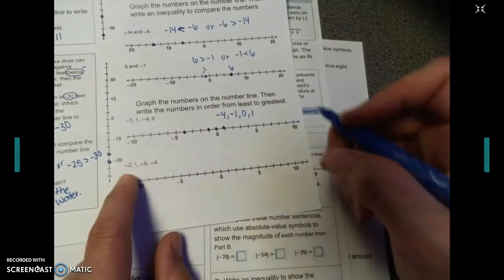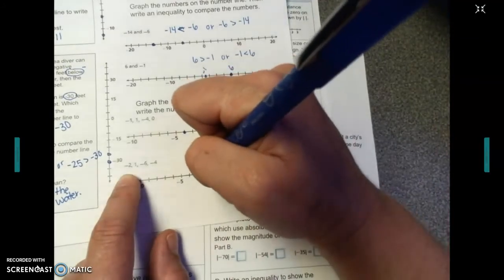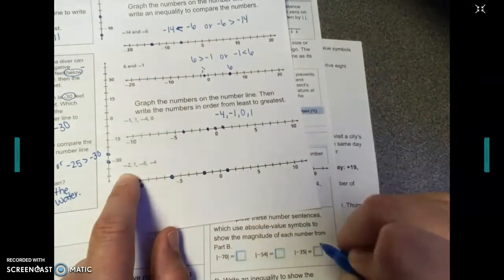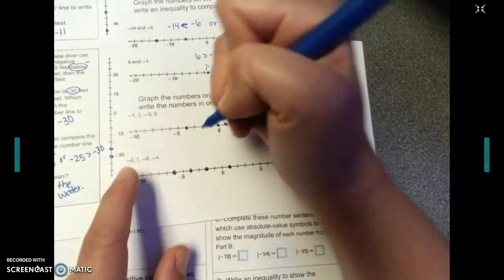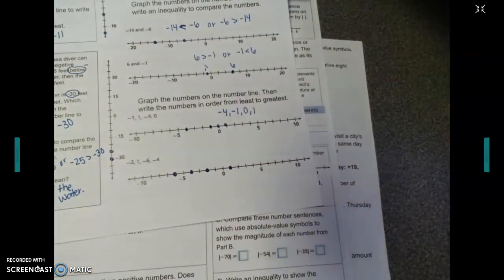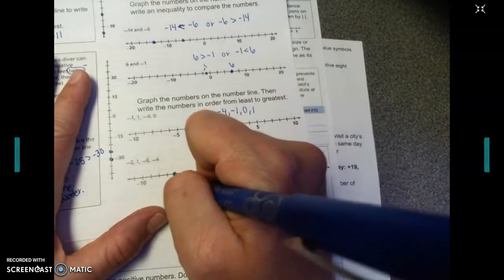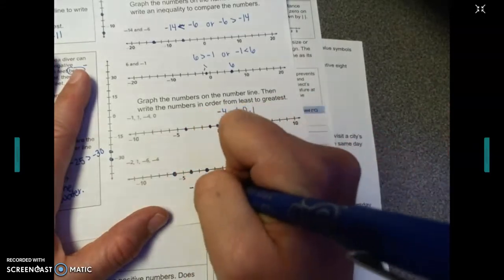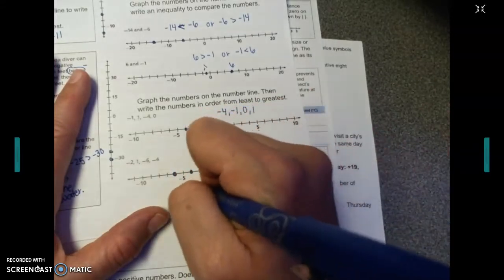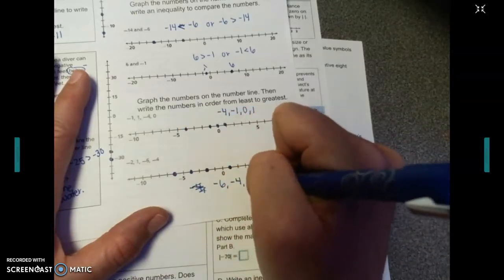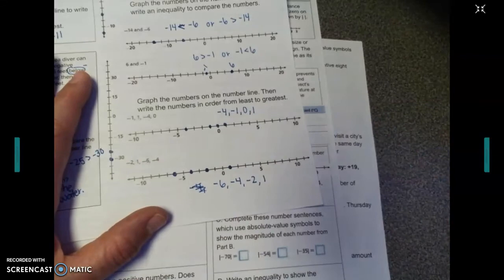Then on this one, we have -2, 1, -6, and -4. Again, if the number line is not provided for you and they don't say you have to draw one, don't draw one and just put the numbers down. So we have -4. Not -4, I'm sorry. We're going to start with -6, -4, -2, and 1.